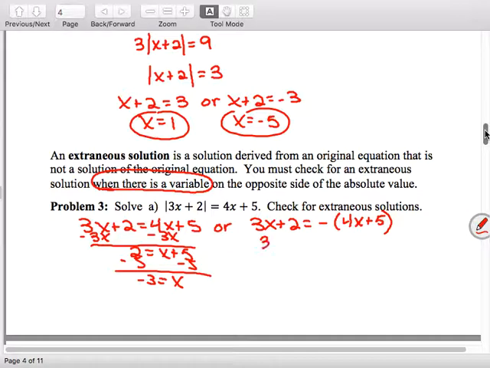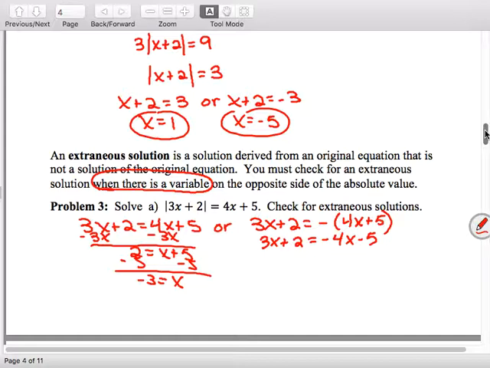Over here, I get 3x plus 2 equals -4x minus 5. And what's really neat, even though this is the second week of school, we've already said a lot. You remember what I told you last week? When you're solving an equation, I picked the smaller coefficient to move. So out of 3x and -4x, which one should I move?